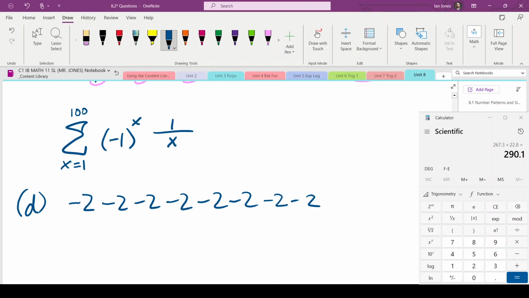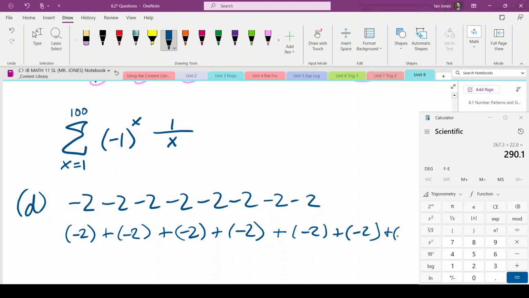Well, this is the same as -2 plus -2 plus -2 plus -2 plus, well, I'll finish it off, 8 of them. Okay. I'm just adding -2 8 times with summation notation.